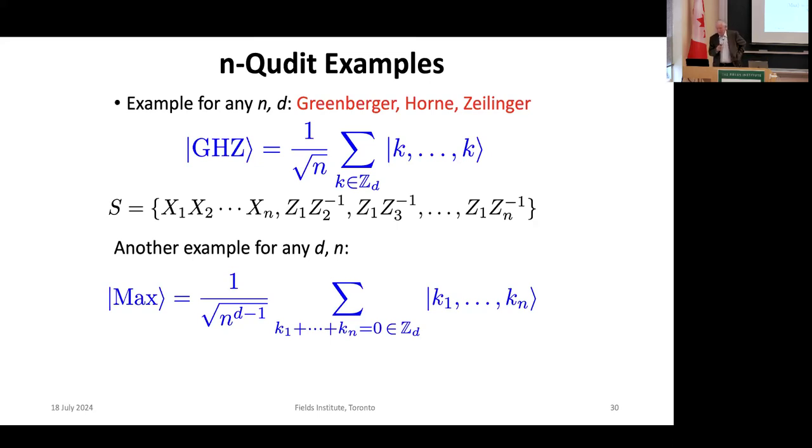What you can do is this quantum Fourier transform that on the product of |0,0,0> produces the MAX state.